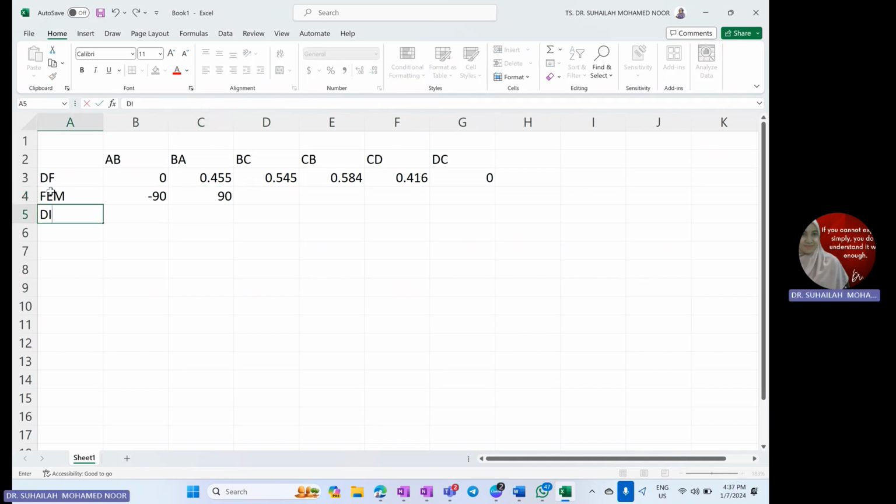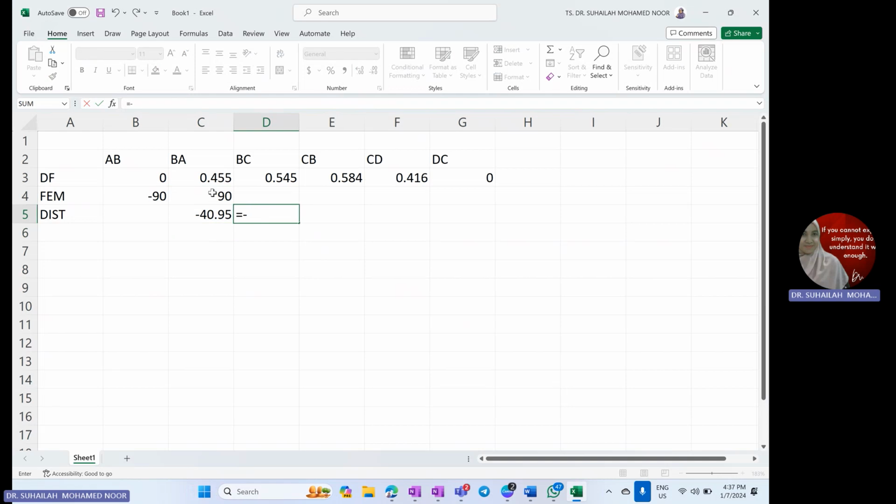Start with distribution. For joint B, it is 90 times 0.455 and 90 times 0.545.